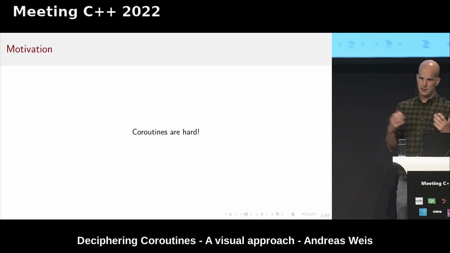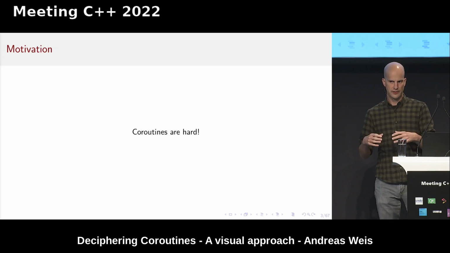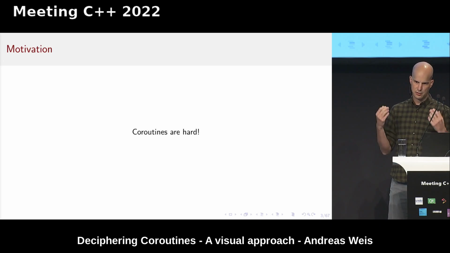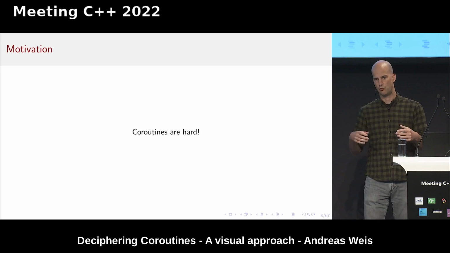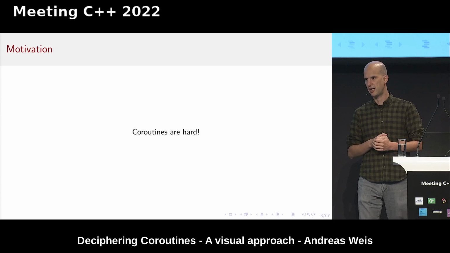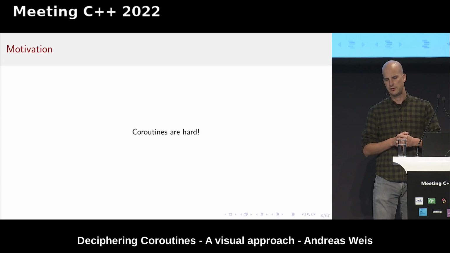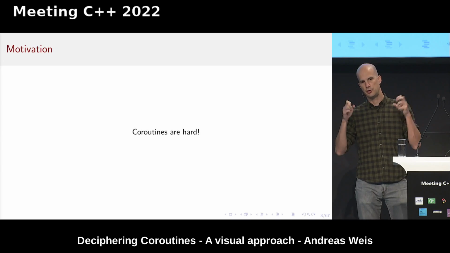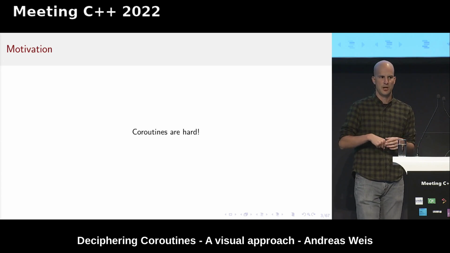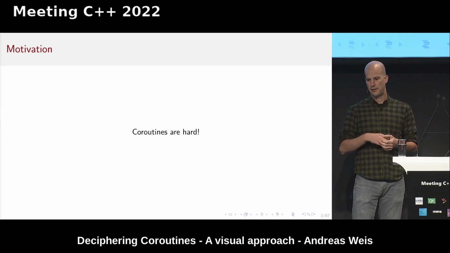The feature is too big and too complex to introduce all of it in one talk. So this talk is only focusing on the syntax side. What is the core language mechanism that is provided in C++20 that you would want to use when you want to implement your own coroutines? This is very different from the user side.